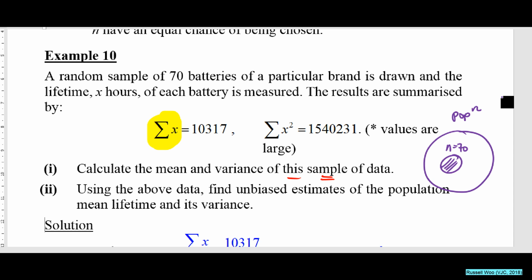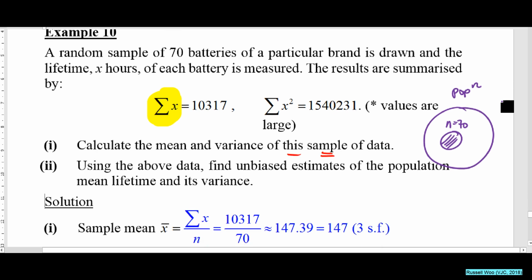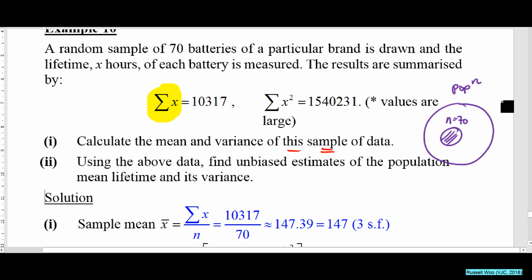That means find a way to estimate the population mean. Now all of us would know that in order to estimate the population mean, we use the sample mean. Correct? So it's actually the same, which is 147. I say again, the mean of this is 147. So in order to estimate the mean of this, it is also 147.